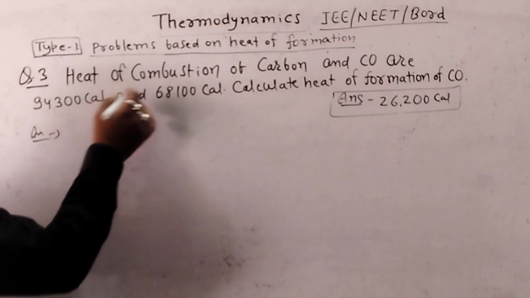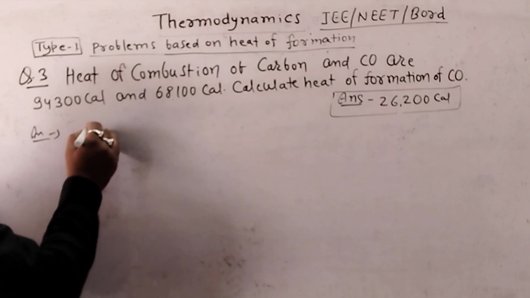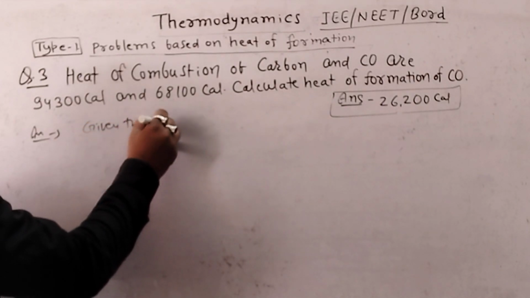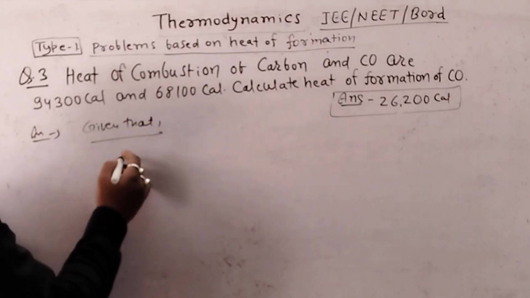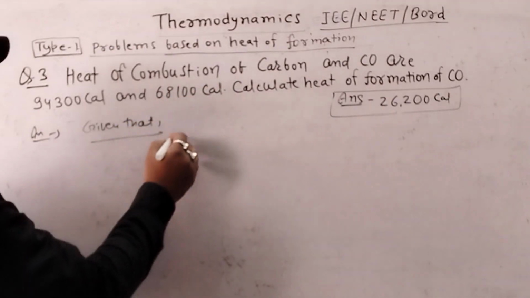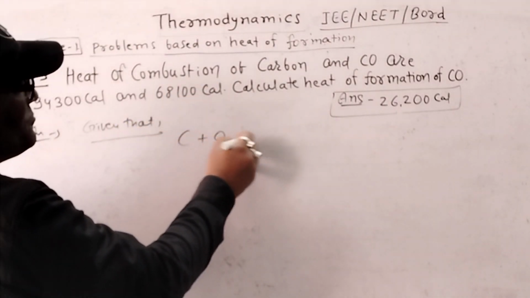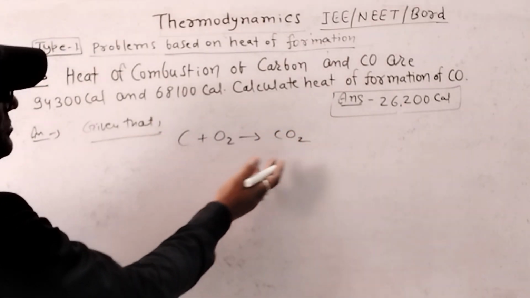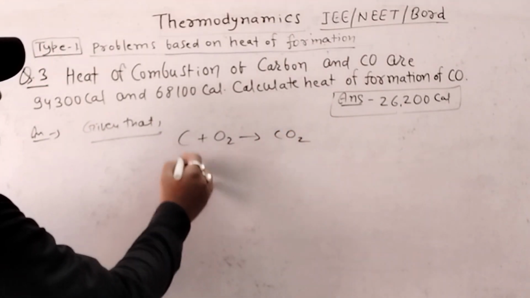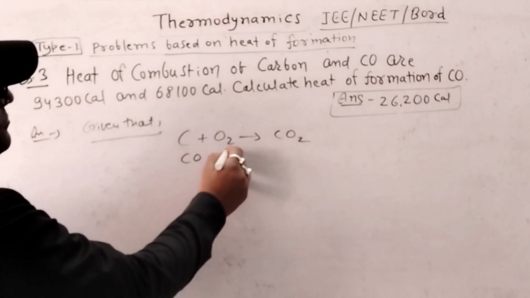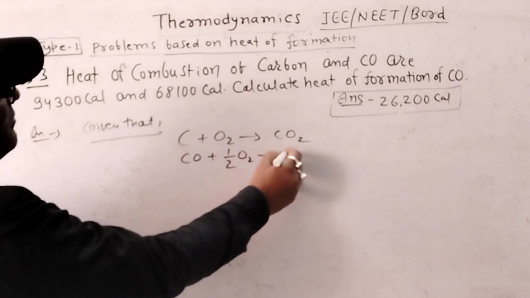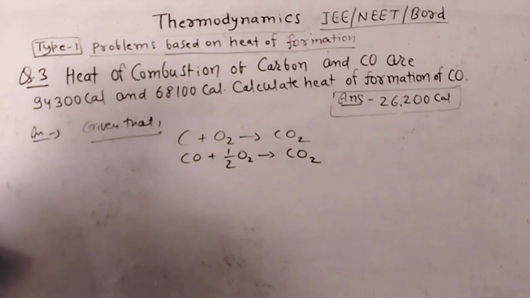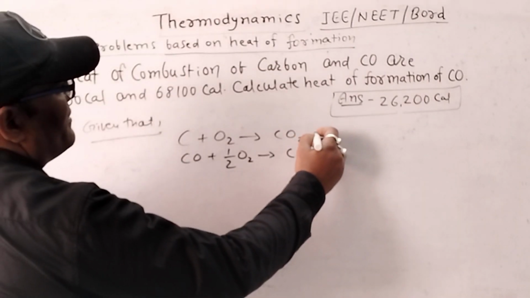According to this question, by the combustion of carbon, C plus O2, CO2 is formed. After that, by the combustion of CO, half mole of O2 is required and again CO2 gas is formed. Now we can write their combustion data.